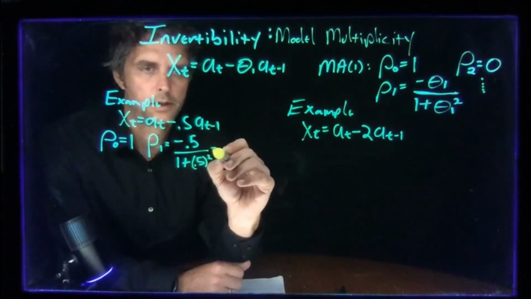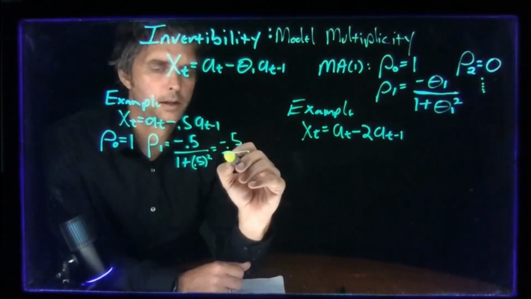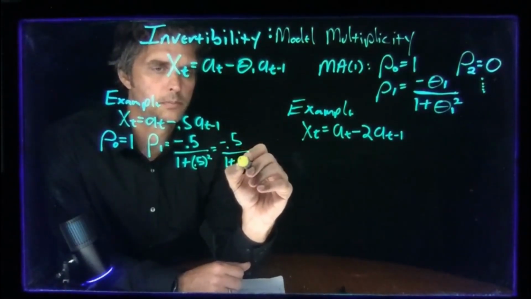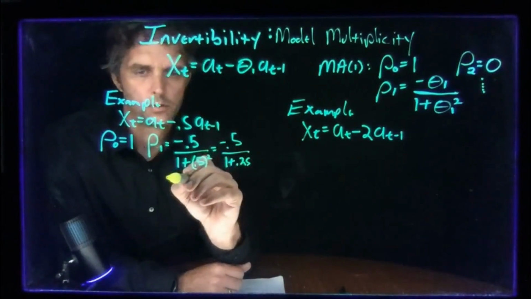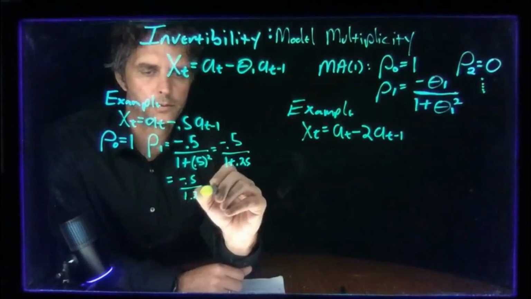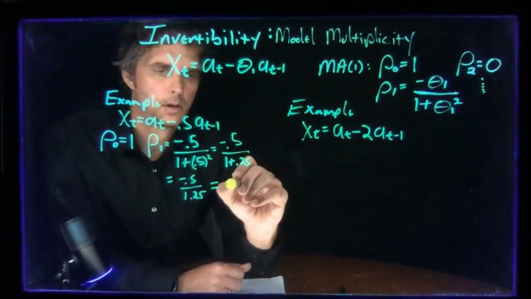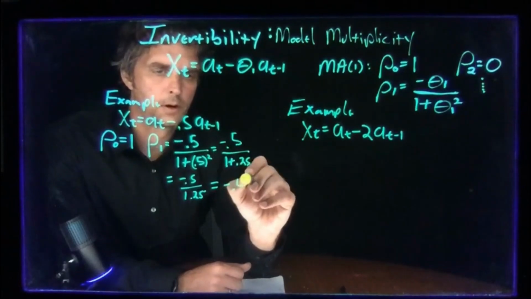Looks good, and that is equal to negative 0.5 divided by 1 plus 0.25, which equals negative 0.5 divided by 1.25, which is equal to negative 0.4.